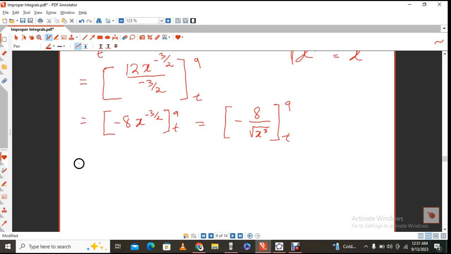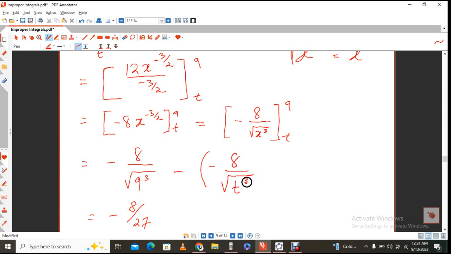That means I'm going to have negative 8 over the square root of 9 cubed. By the way, the square root of 9 is 3, 3 cubed is 27. So this is negative 8 over 27. That's what this is going to be, minus negative 8 over the square root of t cubed.